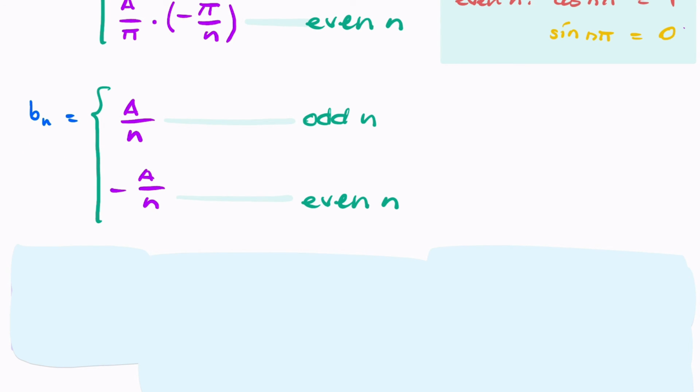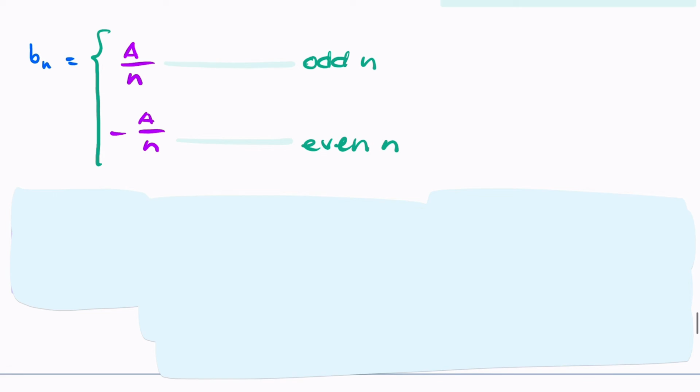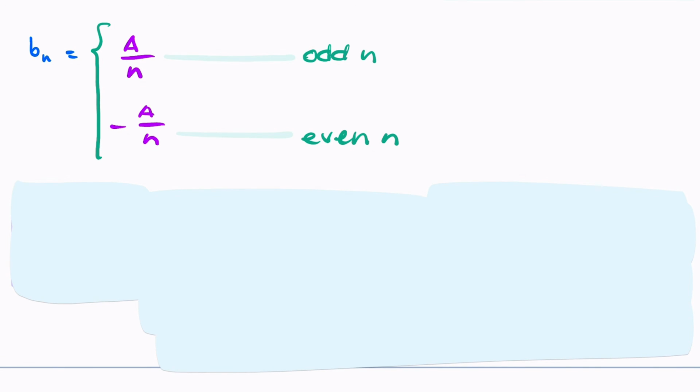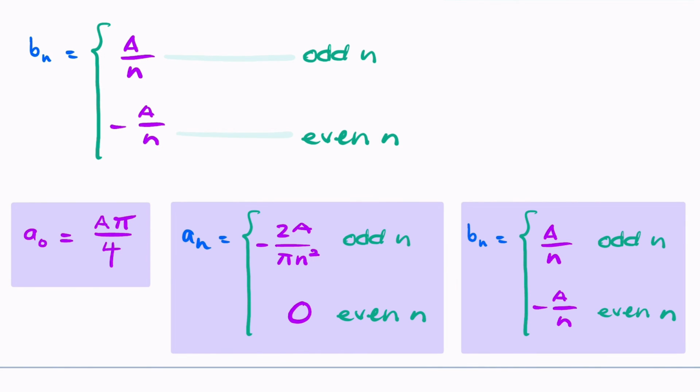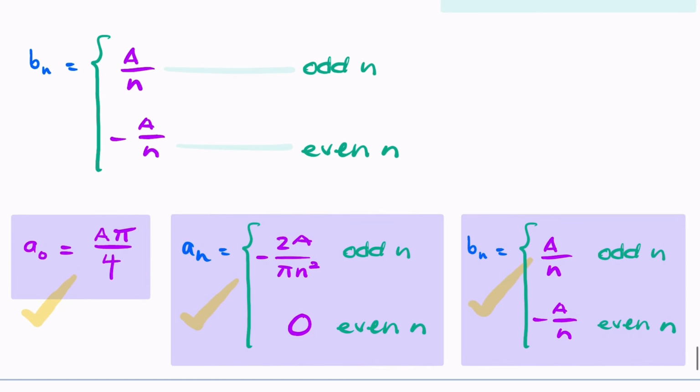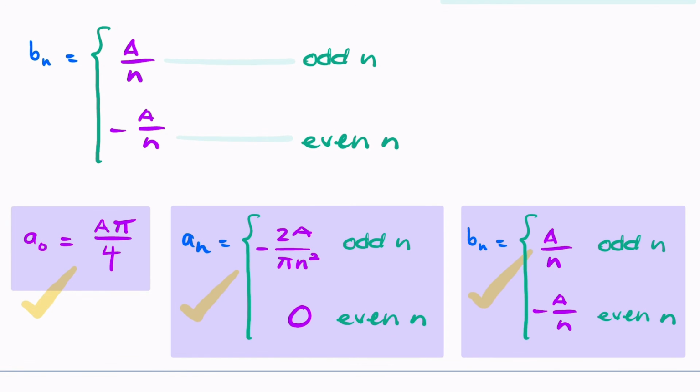Now remember, the question was to find the Fourier coefficients, which consist of the A's and the B's. So A0, AN, and BN. So that would be your final answer. So once you've found A0, that shouldn't be a function of n.